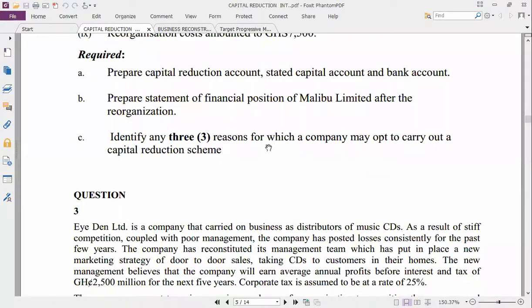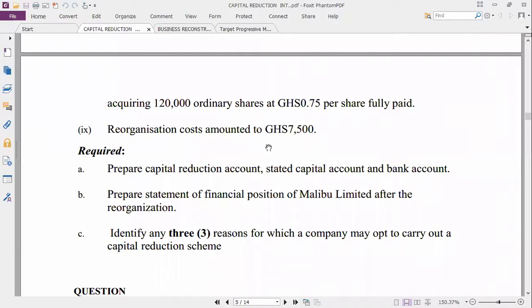Now we can still show workings in it. If you show workings, if I'm the one, I don't mind, because that 90,000 was given in the question already. So we can leave that 90,000 in there.